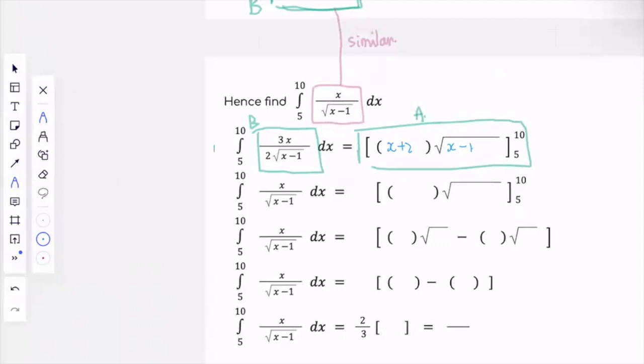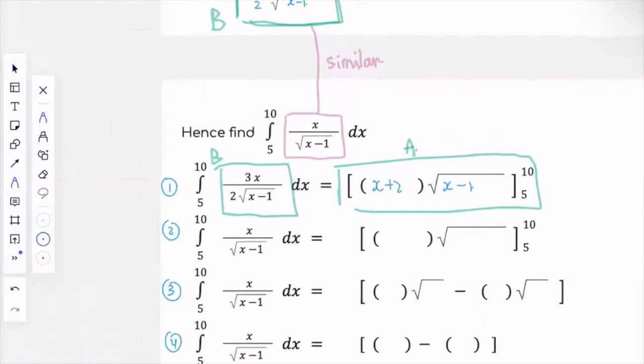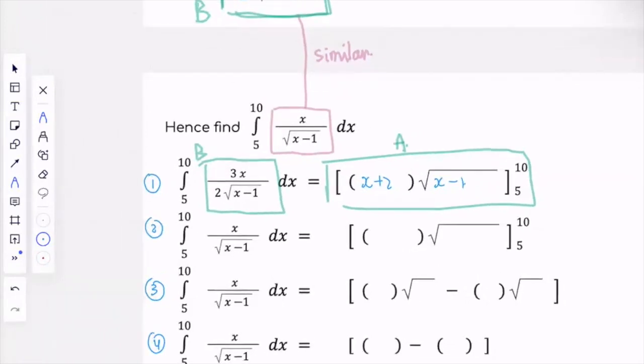So that's the first step. How many steps do we have here? 1, 2, 3, 4, 5. So that's the first step. We just reverse the differentiation question into integration, but still not answering the question itself, because the question is without the 3 over 2.